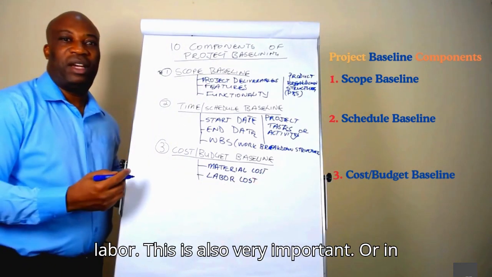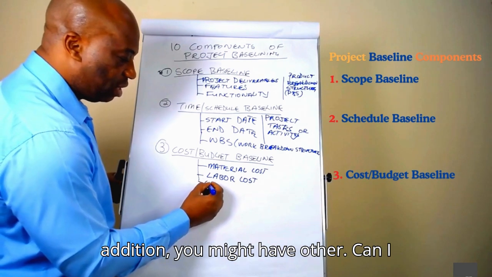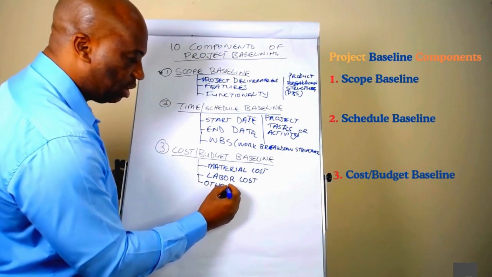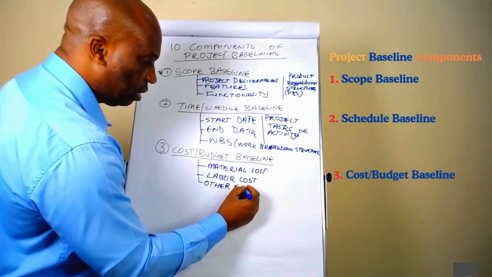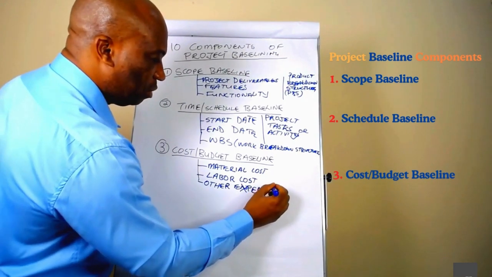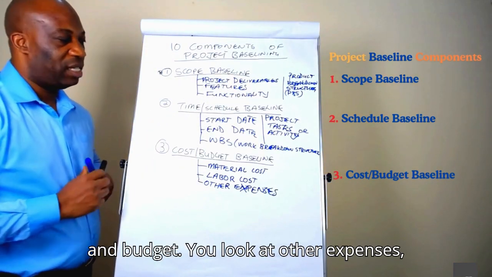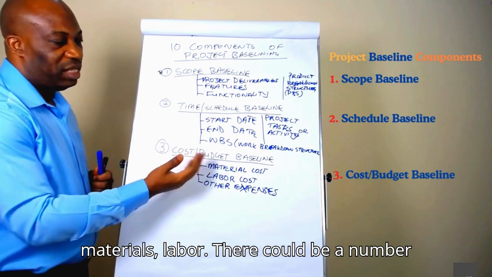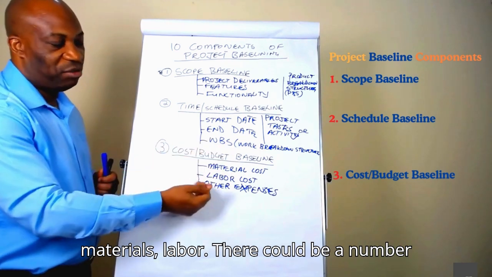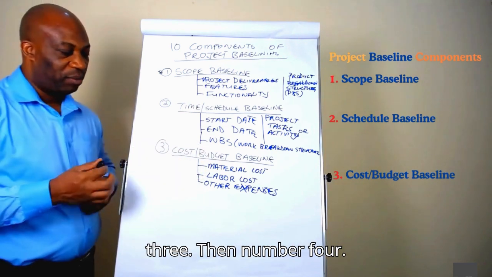We also have labor. This is also very important. Or in addition, you might have other expenses. That is when you are baselining your cost and budget. You look at other expenses, materials, labor. There could be a number of items you want to put here, but for clarity, I'm just going to leave it at 3.